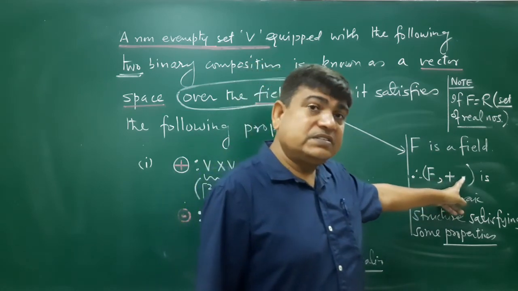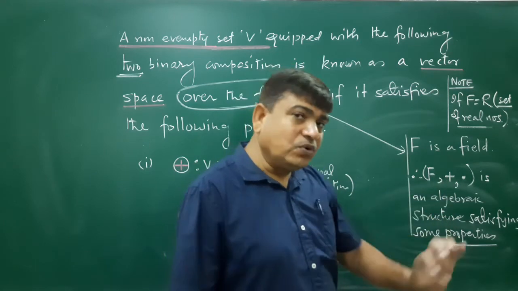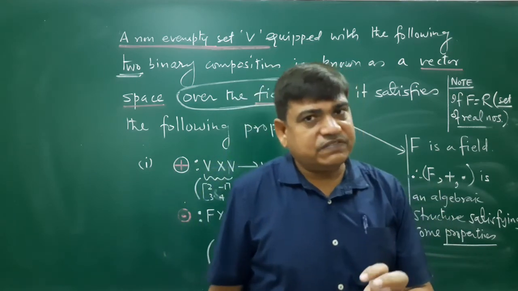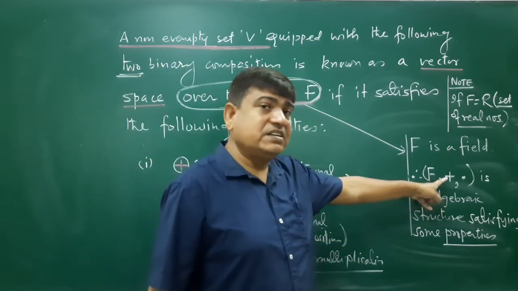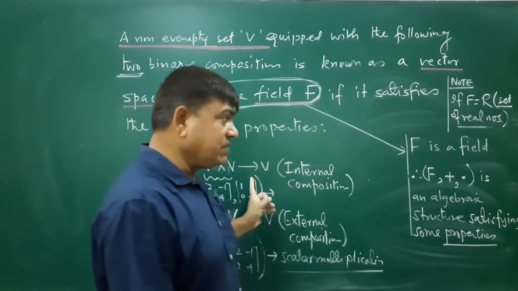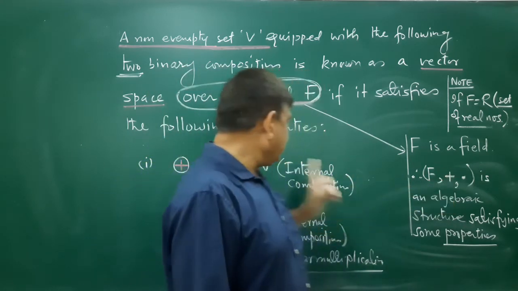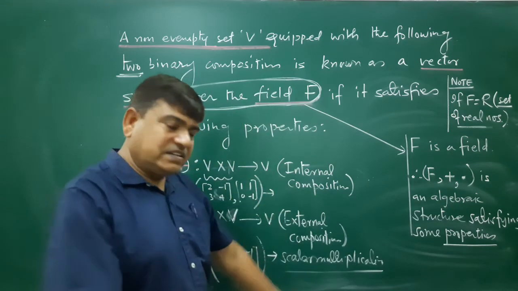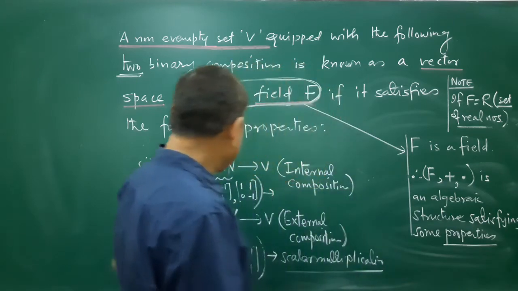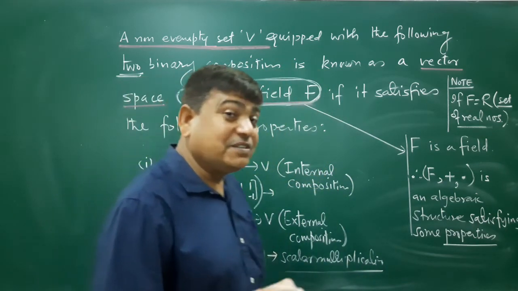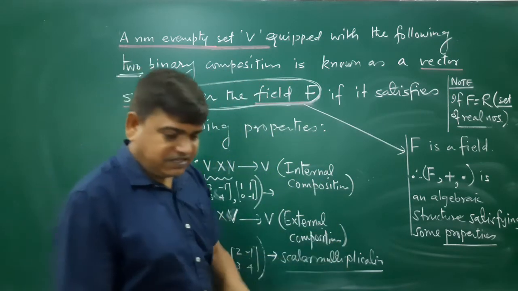With respect to this, F is again an abelian group, and one more connection, that is distributive property. So be careful. This plus sign is different from this one. Here plus is addition of two numbers. Here plus means addition of two vectors. Here into means multiplication of two numbers, and here into means multiplication of number and vector. That is called scalar multiplication.